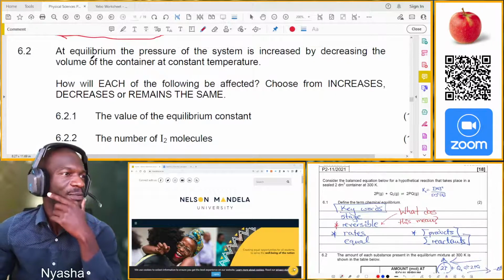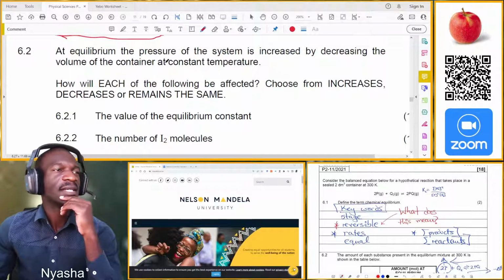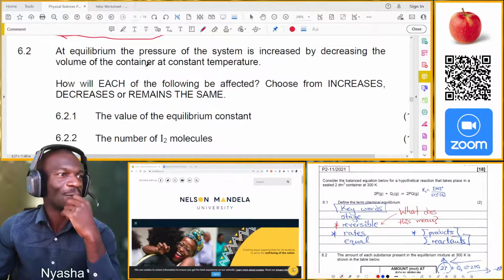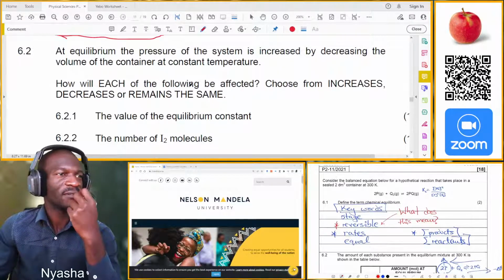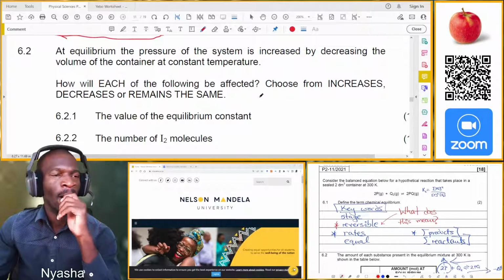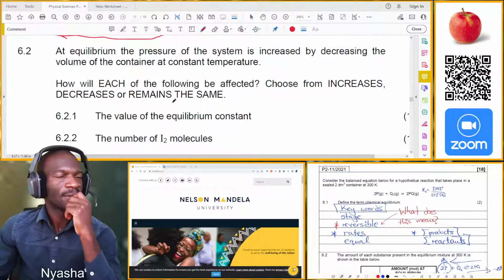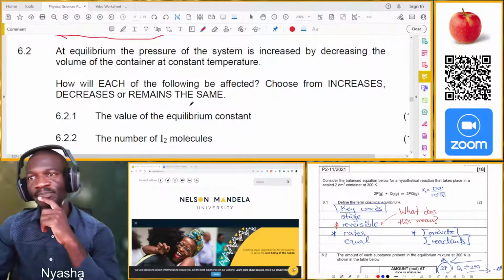Right, so 6.2. At equilibrium, the pressure of the system is increased by decreasing the volume of the container at constant temperature. How will each of the following be affected? Okay, so this is an interesting one.